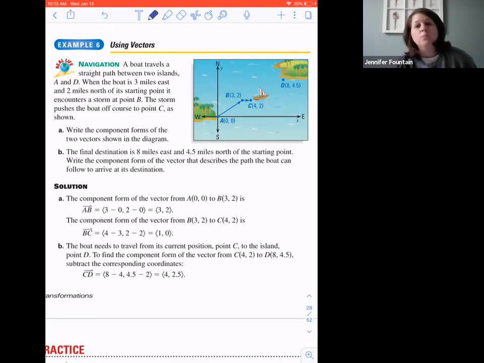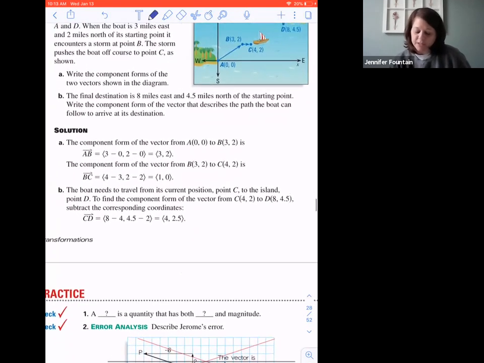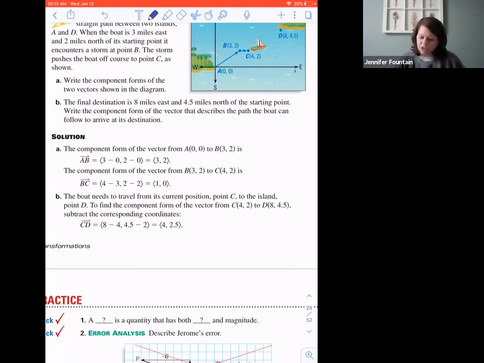So our component form, we're adding 3 to X and adding 2 to Y. So now my component form, now B is 3, 2 and C is 4, 2. So we have vector BC, so we have to say 4 minus 3 is 1 and 2 minus 2 is 0. So now we can see that's our component form.